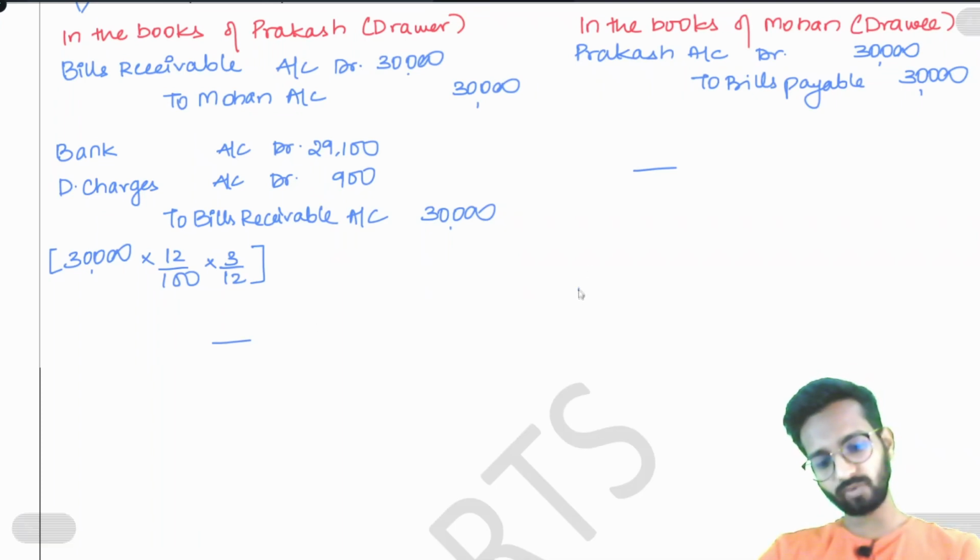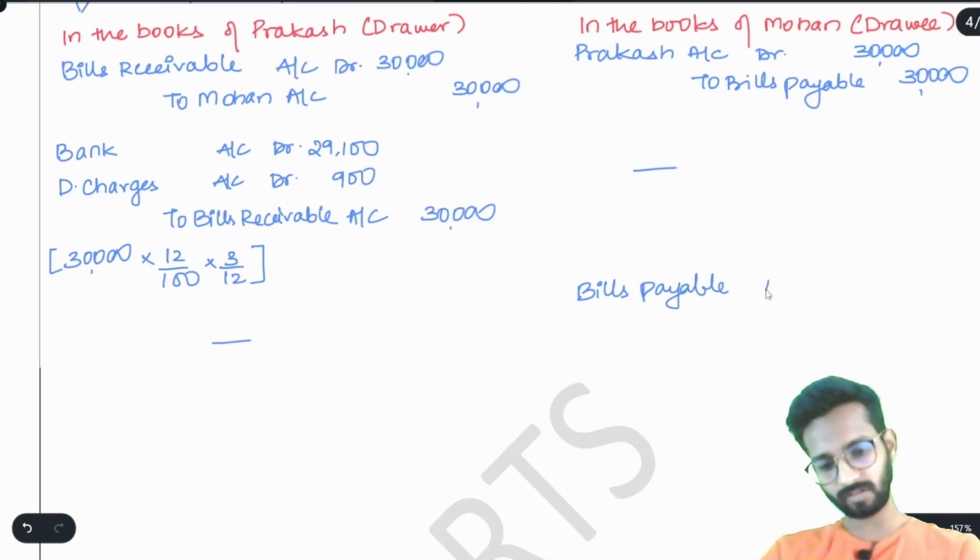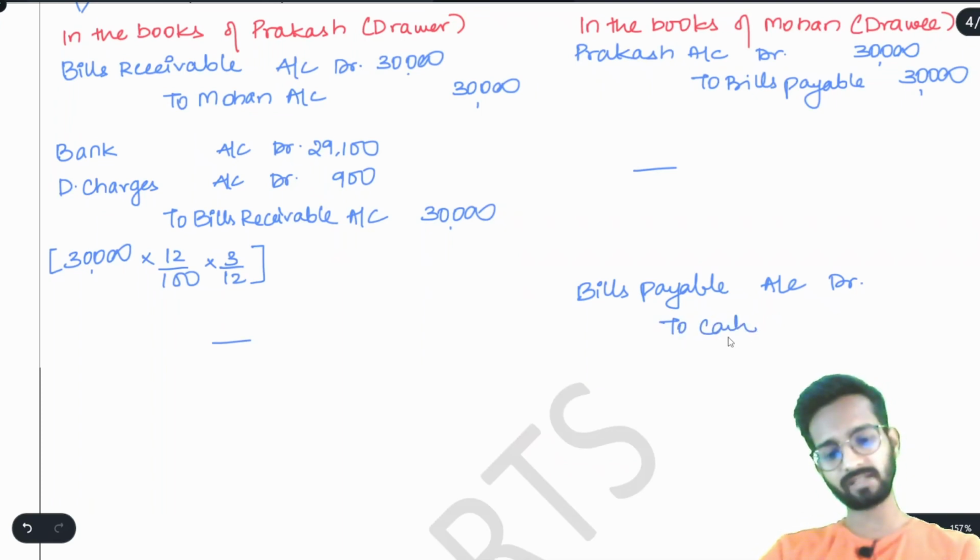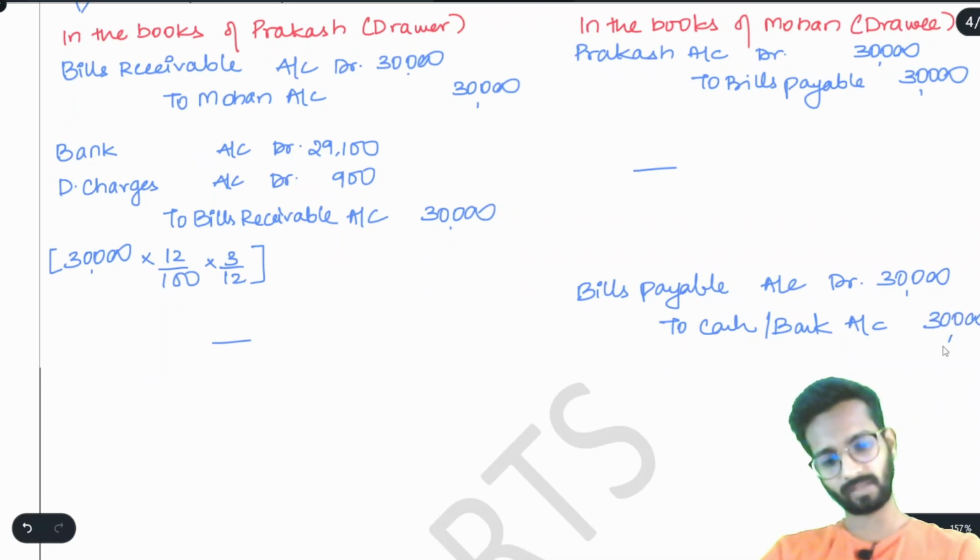What will Mohan write? Mohan will write bills payable account debit to cash or bank, anything. But whenever bank is coming into the picture, you must use bank only. Okay, it is just the safer side. I am telling you, 30,000 and 30,000.